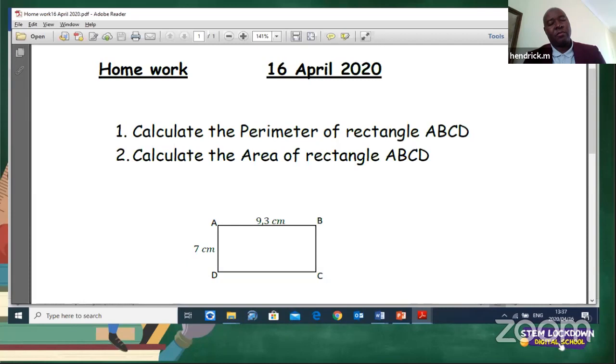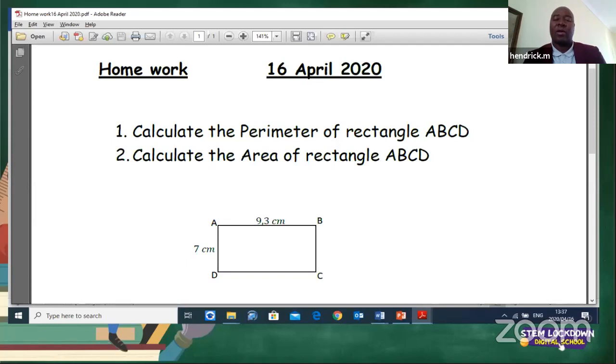Then I added the answers together. Exactly. That is the correct approach. So you can add 9,3 together with 9,3, and then 7 and 7. And you say you found 32,6, I believe. That should be the right answer, 32,6 centimeters.